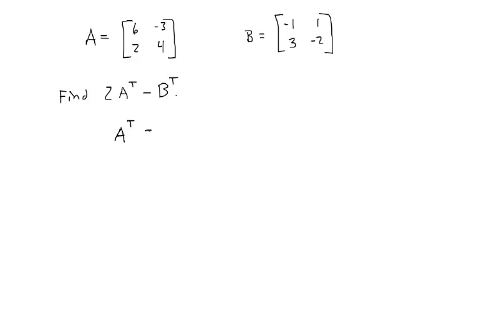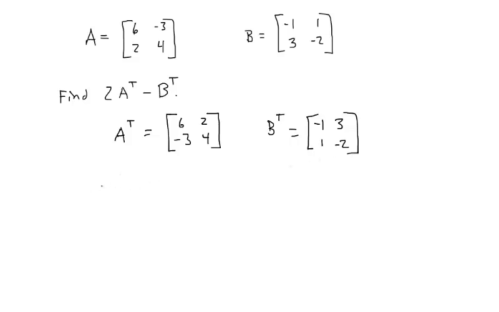So we have A transpose is equal to, and the first row is 6, negative 3, so that becomes my first column. And then row 2 is 2, 4, and it becomes my second column. And B transpose is equal to negative 1, 1, and 3, negative 2.